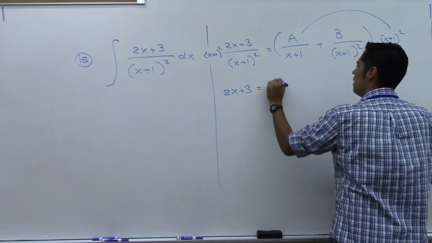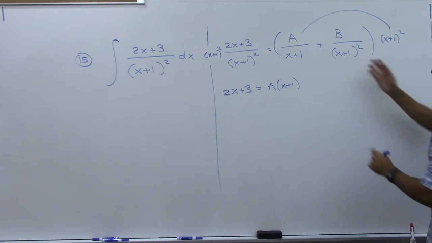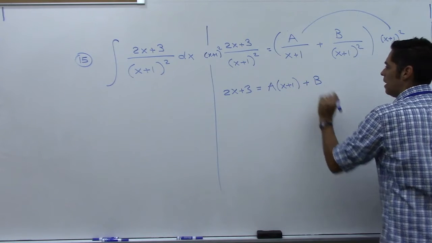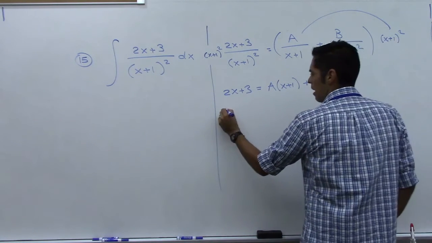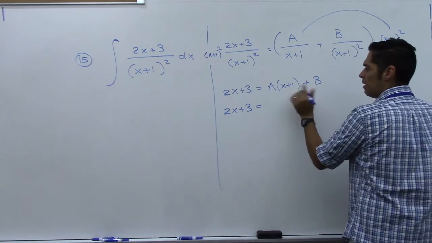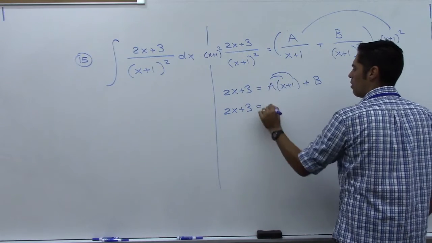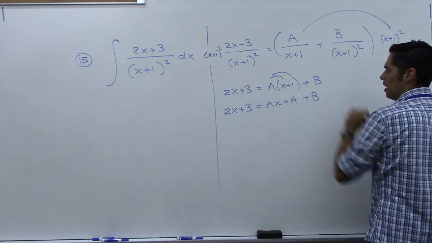So I get a times x plus 1. And then if I multiply here to here, they both cancel, and I get just b. Now we have 2x plus 3 equals, now you could try the killing of things off, but I'm going to go the longer way. Ax plus a plus b, so I distribute the a through.